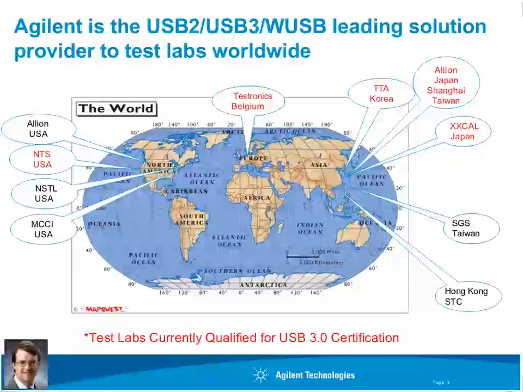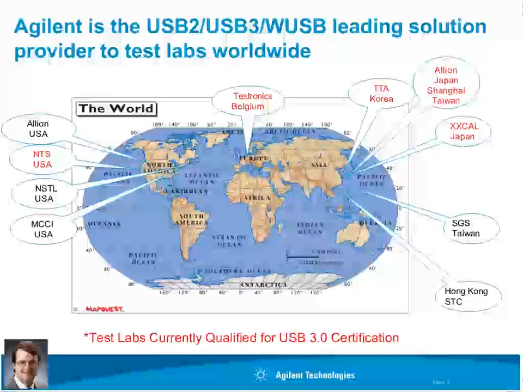Testronics in Belgium is approved as well, TTA in Korea, and then 3 sites from Allion and XCal Japan. The other test labs indicated here are only 2.0 today, but as they get the right equipment and the right qualification requirements are met, they will be turned on for USB 3.0 certification as well.